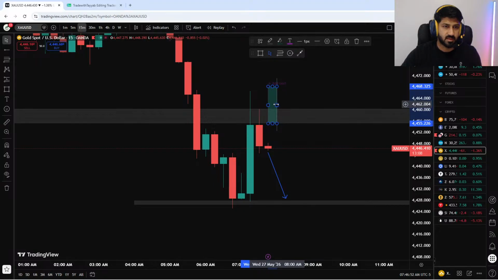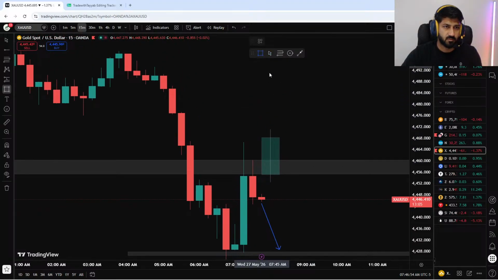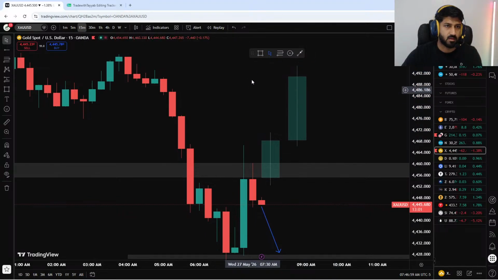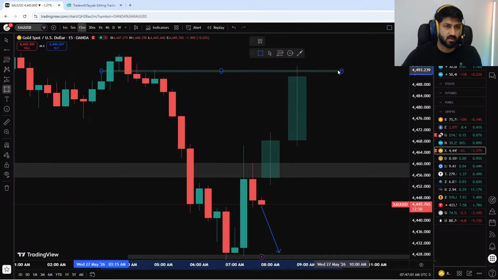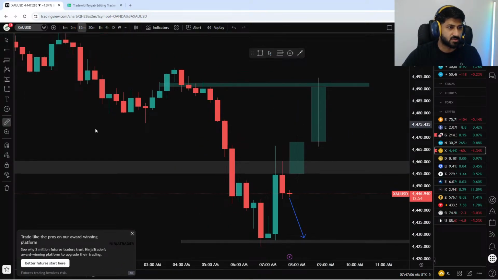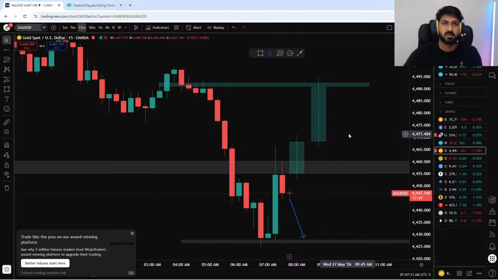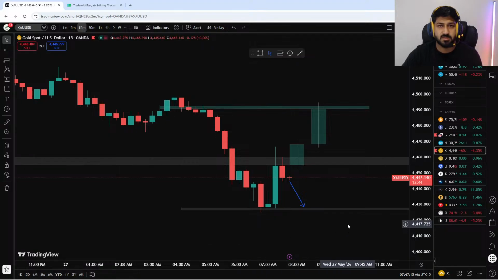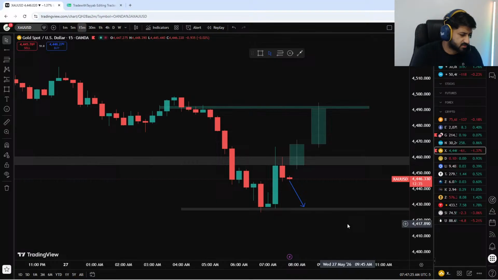That is something that I am looking forward to, for price to continue to push up in the buy direction. And there's a clean range on the left hand side as well. So you have about a 300 pip range, so you can trade within that area. And that, combined with volume, is how you can do analysis in real time.